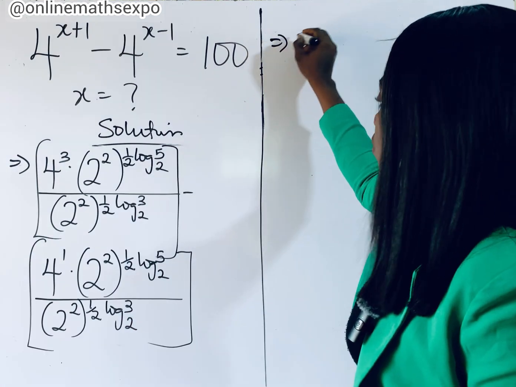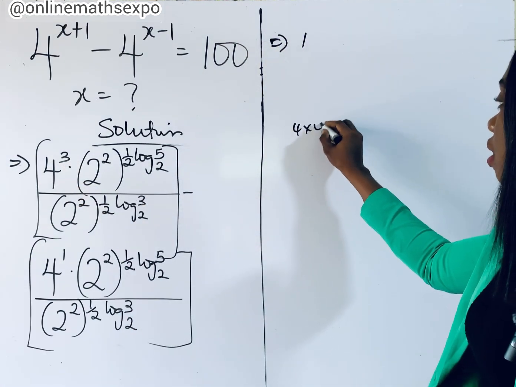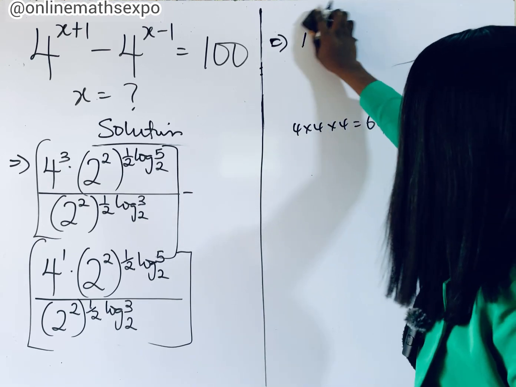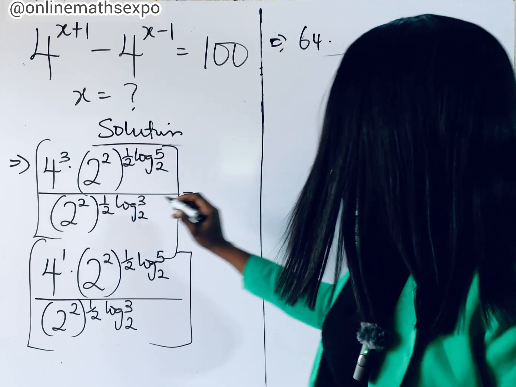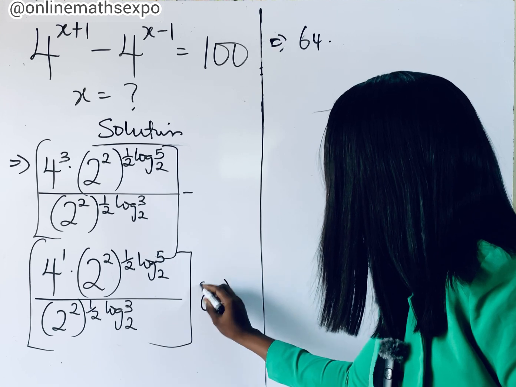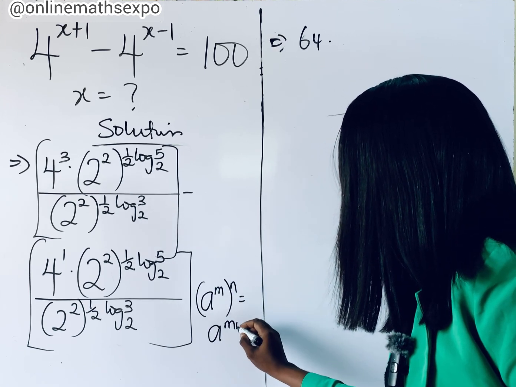So this gives us 4. 4 raised to power 3 is 4 multiplied 3 times, and that will give us 64. So we are having 64 multiplied by, just remember that for every a to the power of m raised to the power of n, it is the same as a to the power of mn.